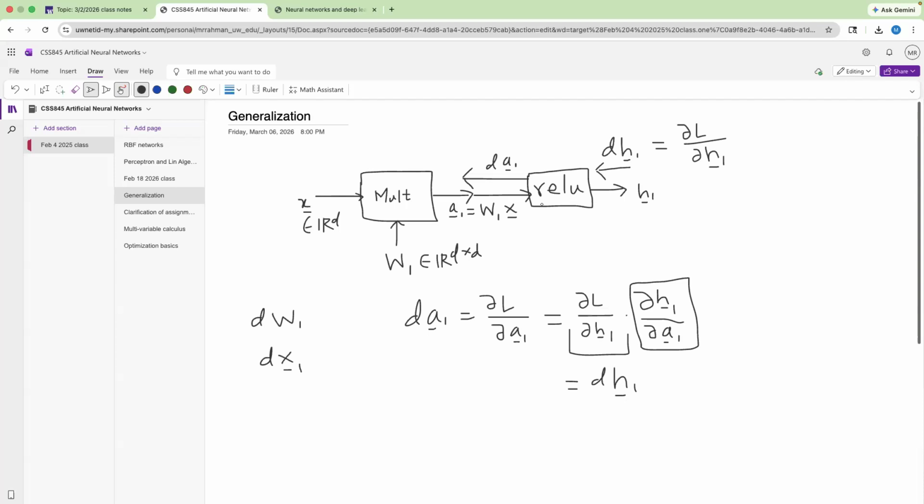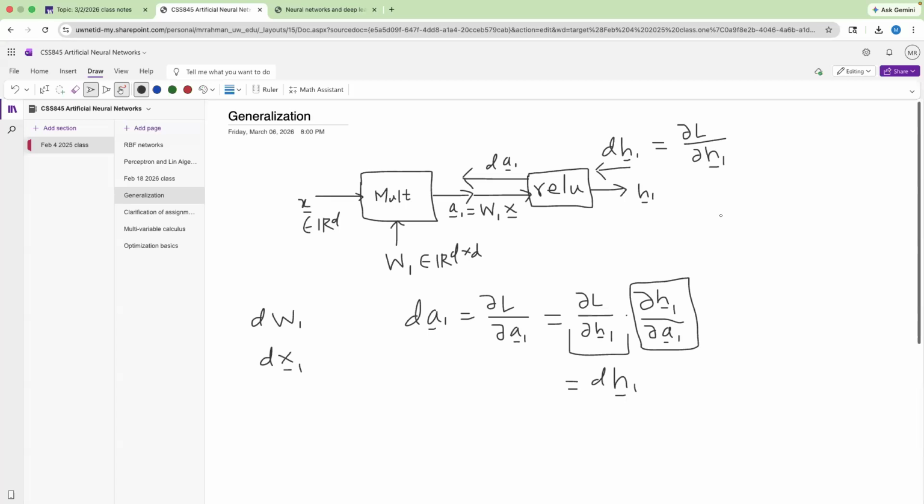So h1 is the output of ReLU and a1 is the input to ReLU. So this is the Jacobian, or the derivative, of the ReLU function. From last class, does anyone remember what the derivative of ReLU is? It's the indicator, right?